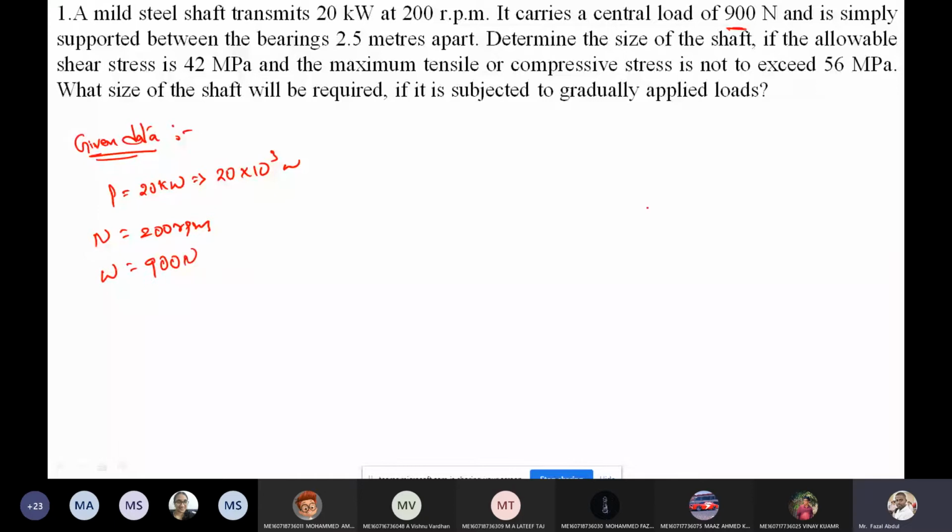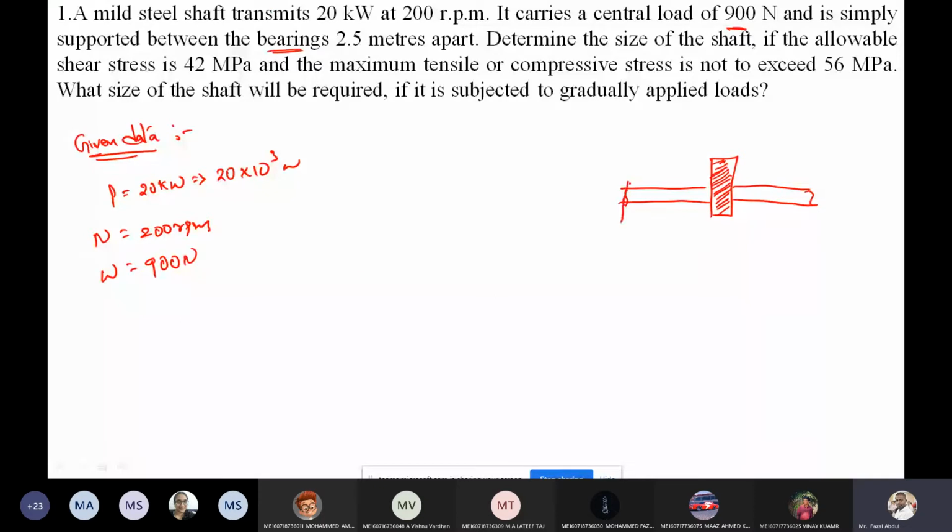As per the given data I am drawing this one. One central load is there. I'm drawing the type of load here on a shaft. This is the shaft, and it is simply supported between the bearings.